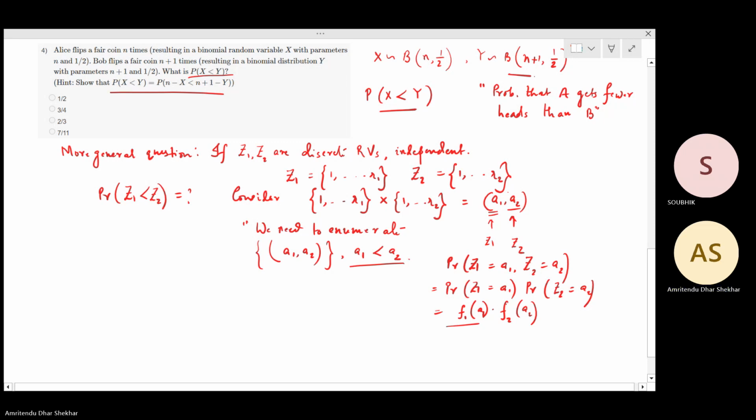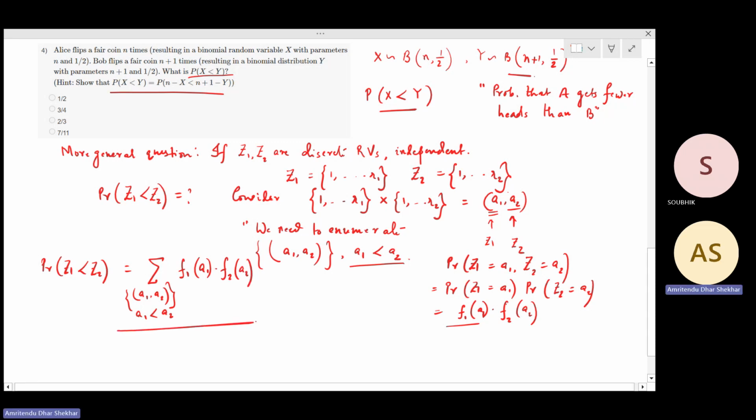So the probability of Z1 less than Z2 equals the sum over all pairs A1, A2 where A1 is smaller than A2, of F1(A1) times F2(A2).